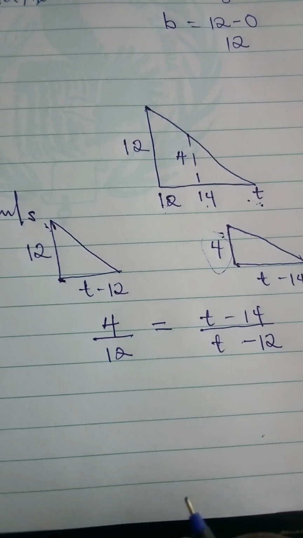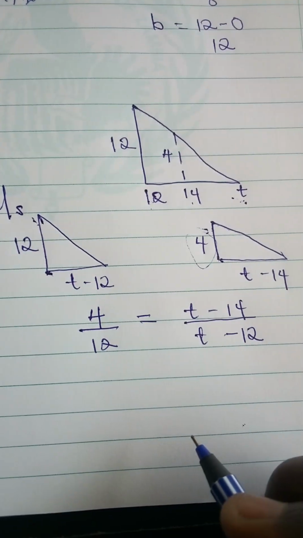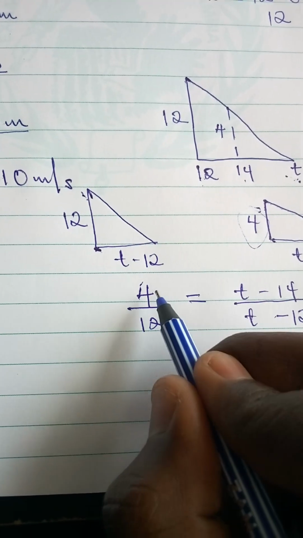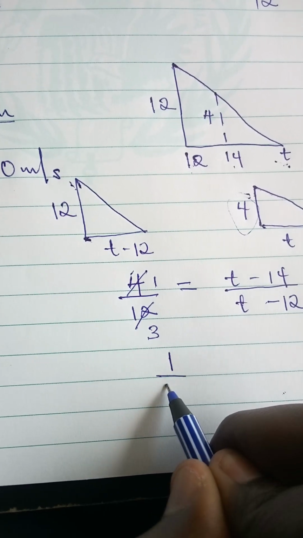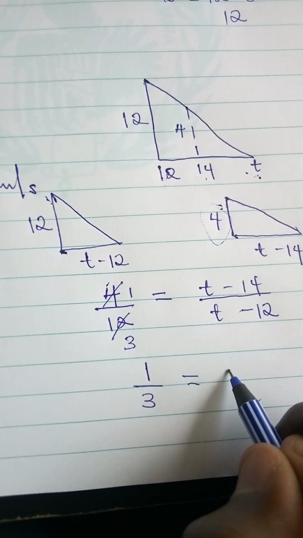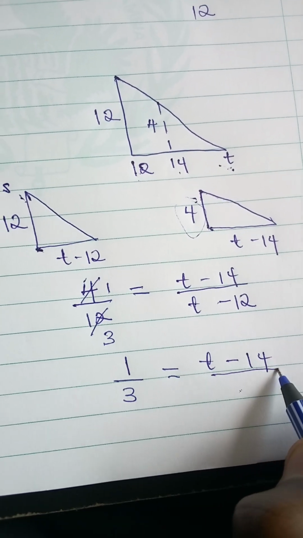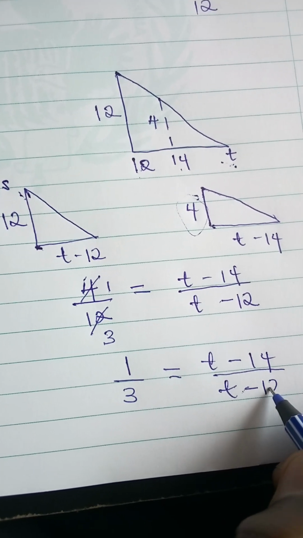From there you have to simplify. This is paper 1, you don't have to use a calculator. So 4 into 4 is 1, 4 into 12 is 3, so 1 over 3 is equal to t minus 14 over what? t minus 12.